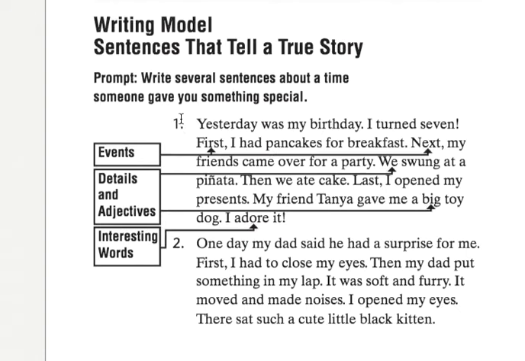So this was the first paragraph right here. We have a little number 1 by it. And you can see 3 little boxes off to the side. Events, details and adjectives, interesting words. These were 3 things I just talked about from our writer's checklist. So events, that means that the writer used words like first, next, last.